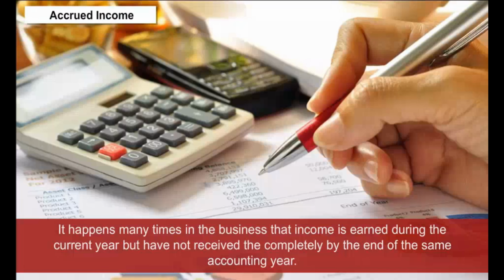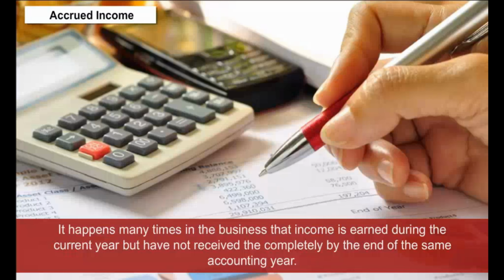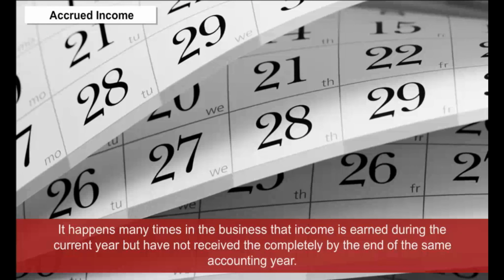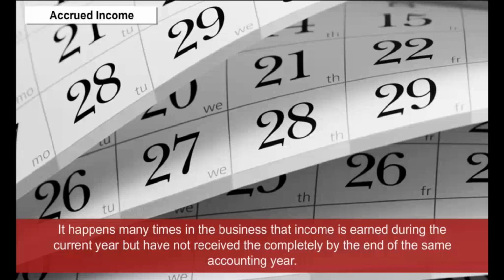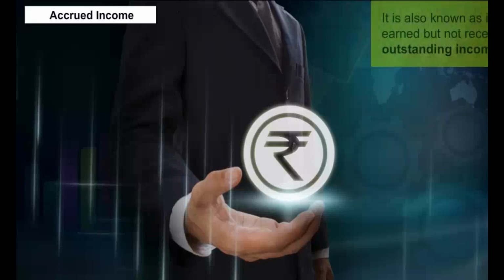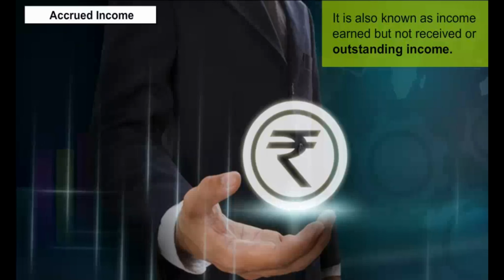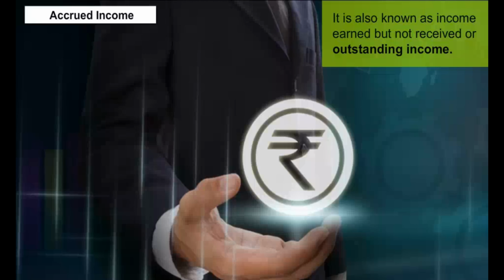It happens many times in the business that income is earned during the current year and has not been received completely by the end of the same accounting year. It is also known as income earned but not received or outstanding income.